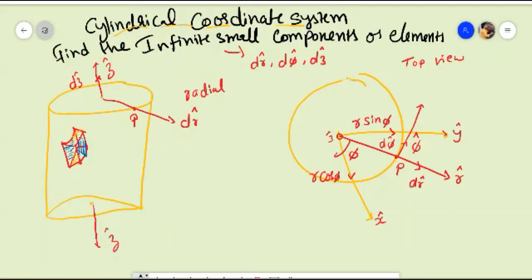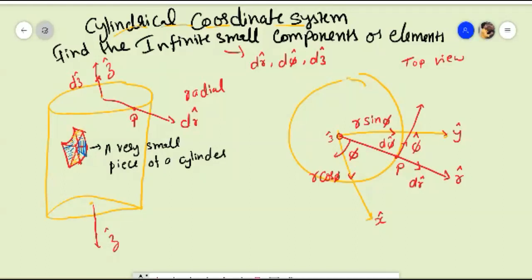These are the components of a very small volume, a very small piece of a cylinder.